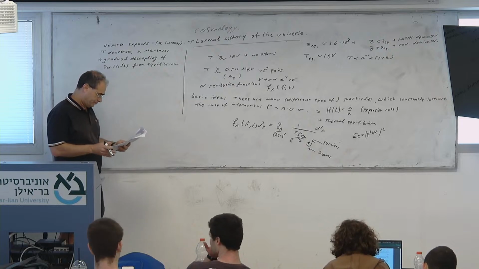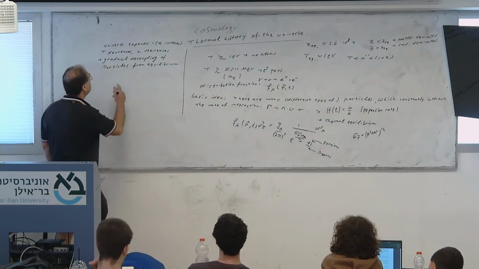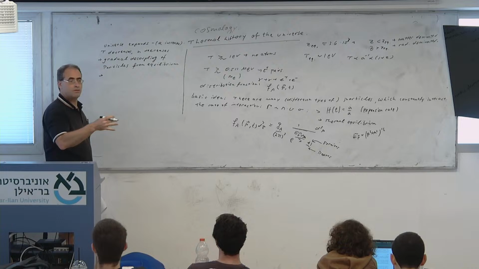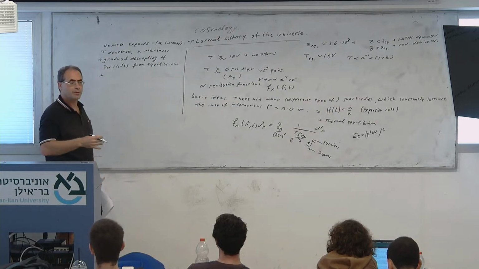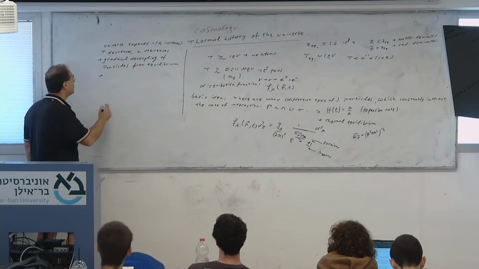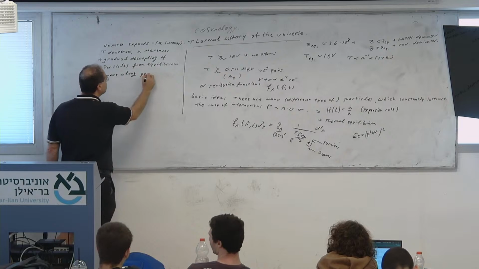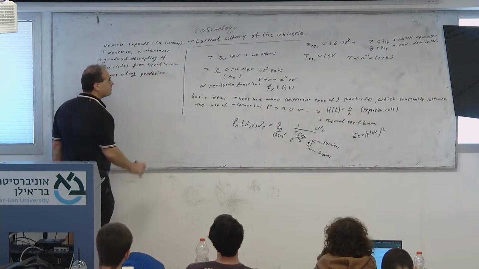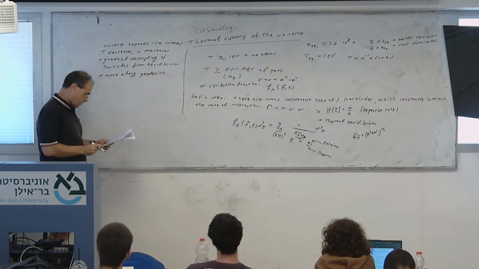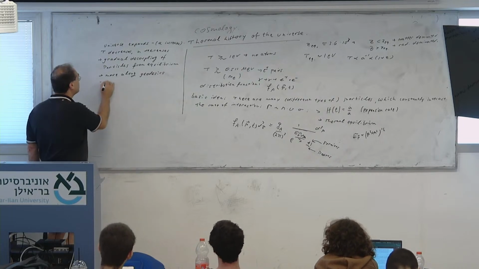Okay. So once they decouple, they no longer interact with other particles, and what do they do? They just move along geodesics. That means that the distribution function freezes.